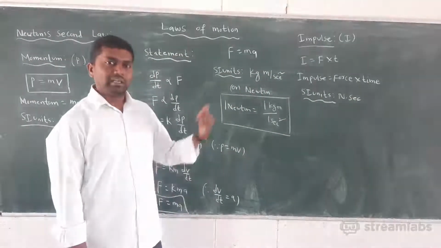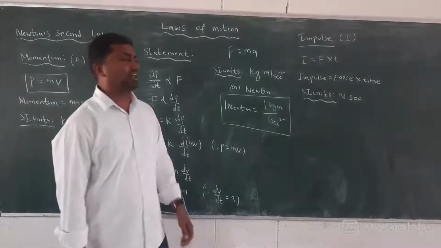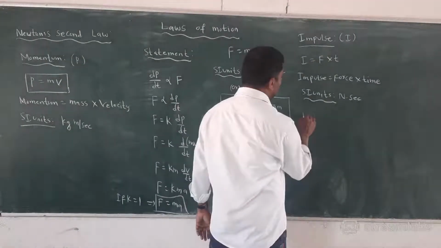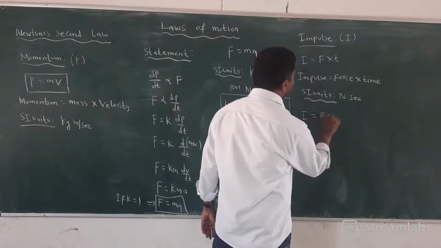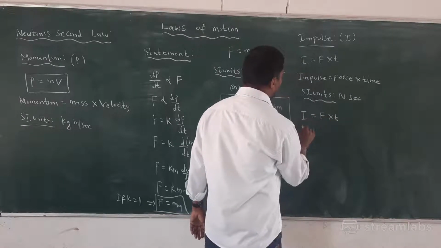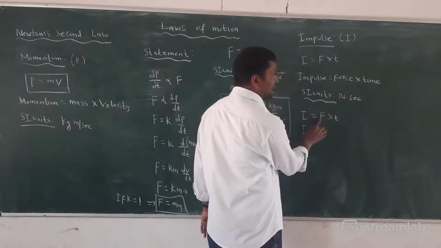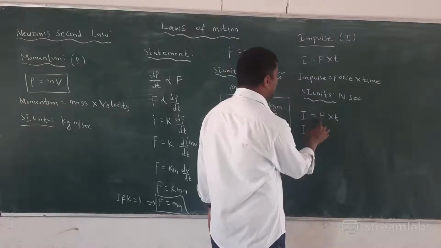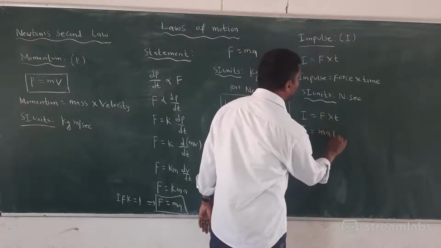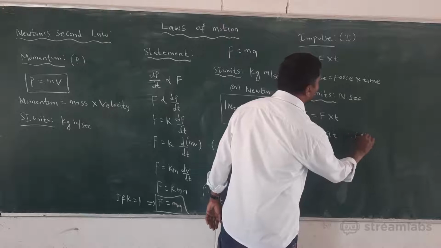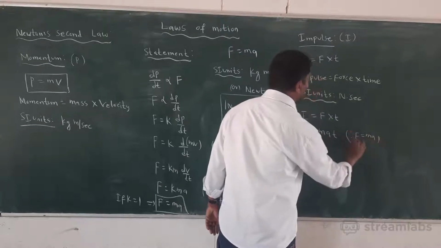Now we explain the total impulse equation. The general equation is I is equal to F into T. By Newton's second law, instead of F we can write ma into T, since F is equal to ma.